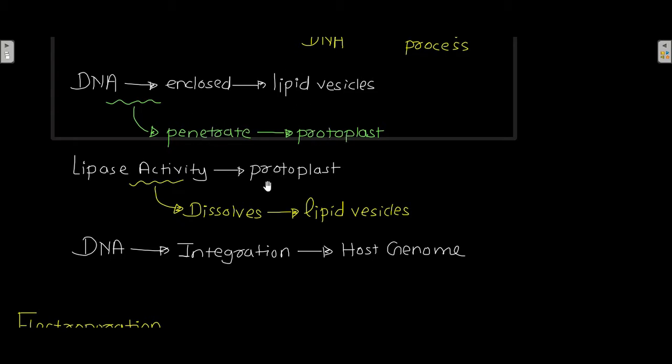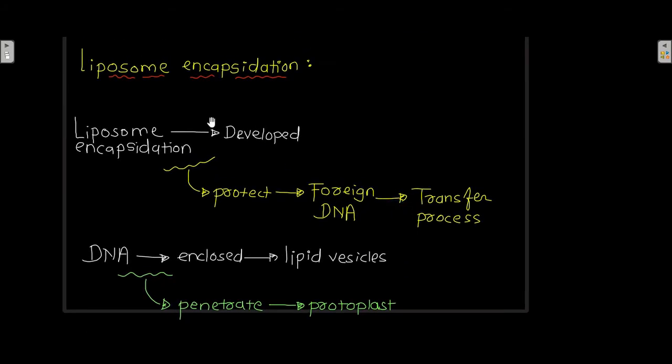In the protoplast you have the enzyme lipase, and the activity of the lipase dissolves this lipid vesicle, and the DNA then integrates into the host genome. So that is how liposome encapsidation, the physical method of transferring DNA into plant cells, works.